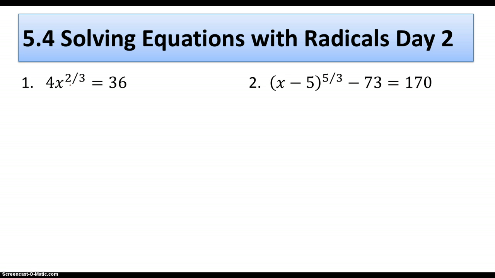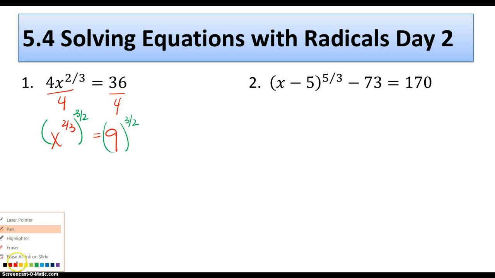So I start by isolating that term, so divide both sides by 4, and I get x to the 2/3 equals 9. Now, to remove the 2/3 from both sides, I'm going to raise both sides to the reciprocal power. So 2/3, the reciprocal is 3/2. Notice that when I do that, power to a power we multiply, 2/3 times 3/2 is 1.